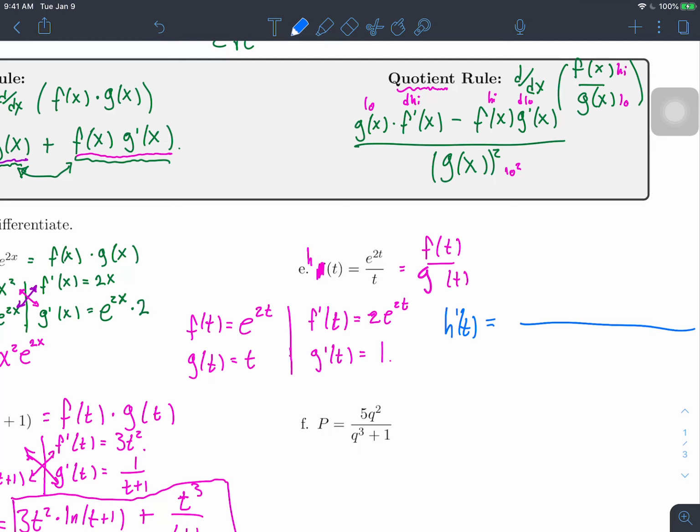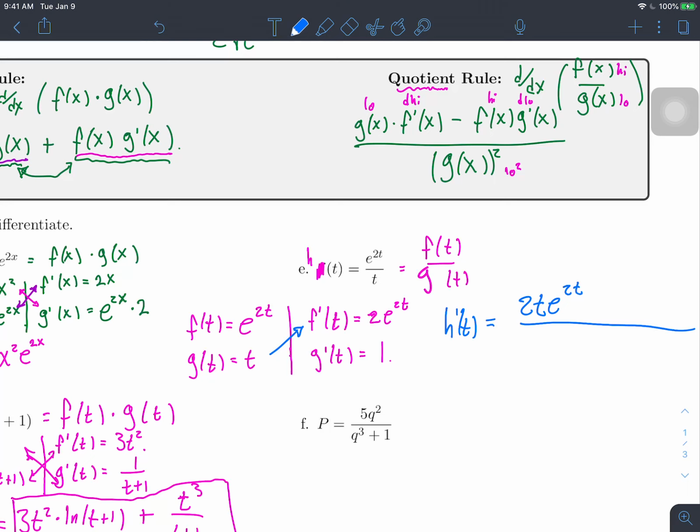So we get 2t e to the 2t. That was me multiplying g and f prime.